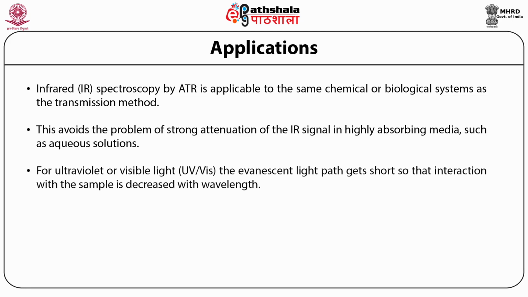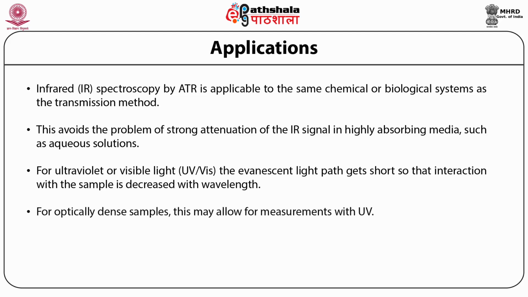For ultraviolet or visible light, the evanescent light path gets short so that interaction with the sample is decreased with the wavelength for optically dense samples. This may allow for measurements with UV also, as no light path has to be established.